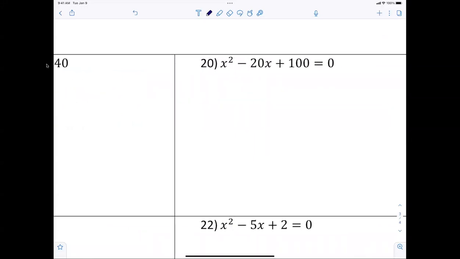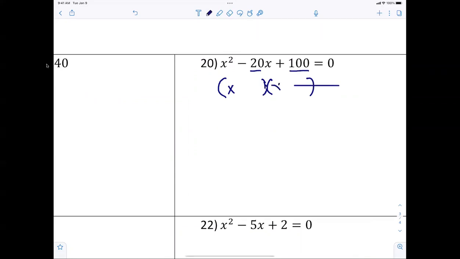Now, number 20, are there any factors of 100 that can make 20? 10. Yeah, so we can just solve it by what? Basic factoring. All right, so here we go. x. What are the factors of 100 that make 20? 10 and 10.